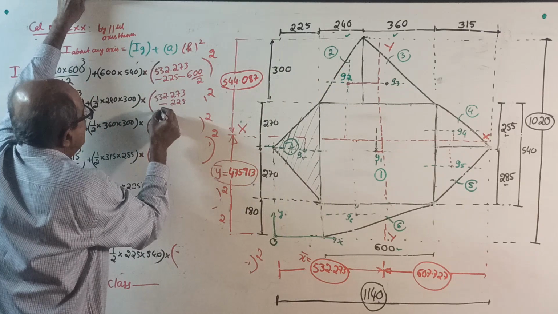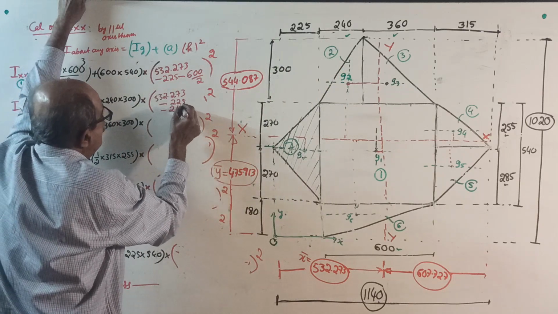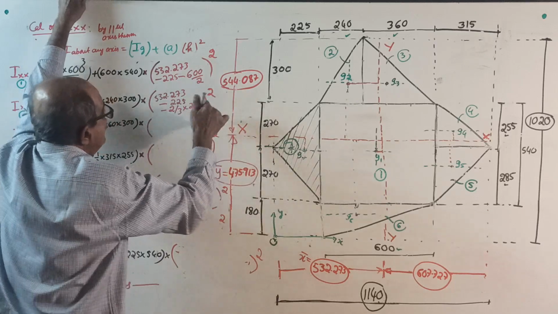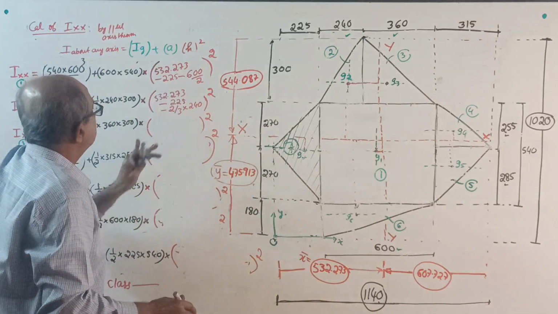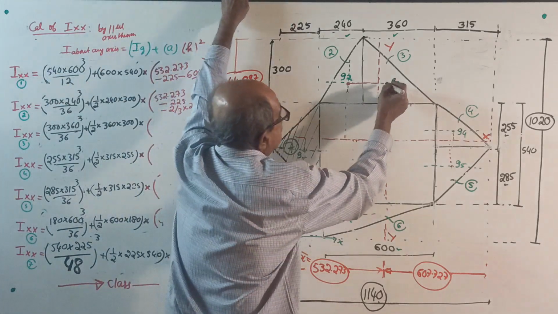You should know correctly, 1 by 3, 2 by 3, minus 2 by 3 of 240 whole square. But write horizontally, here space problem. Okay, start. Figure number 3.